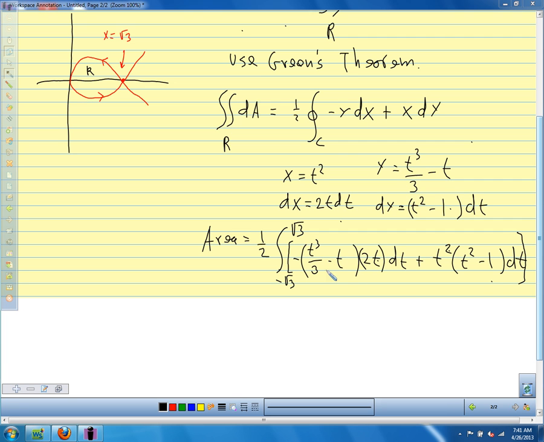Now if we evaluate it, this is just polynomials, not difficult to evaluate. I plugged it into my calculator, and the approximate answer is 2.77 square units. We could also find this same result. It's probably a little easier.